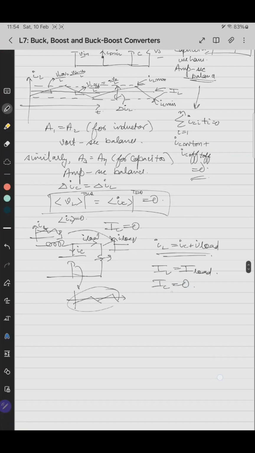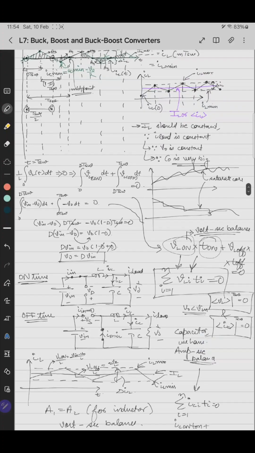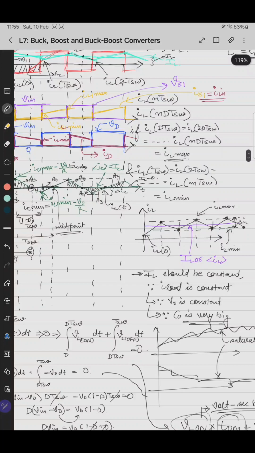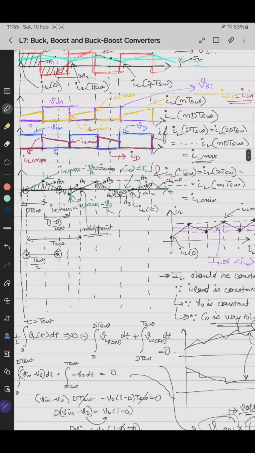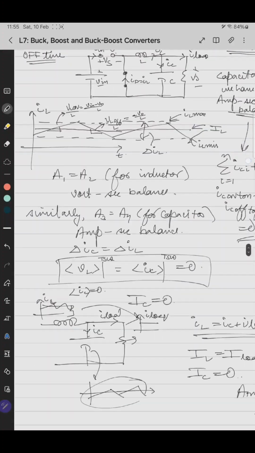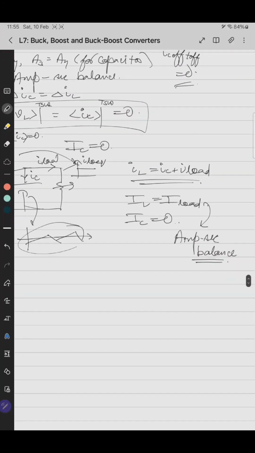This you will get using the amp second balance. Why? Because you are shifting the waveform of inductor current down in such a way that its average value is 0, which means you have completely removed the average value from the inductor current, and the whole average value has to go to the load. That's why capital IL equals I load, from the amp second balance.